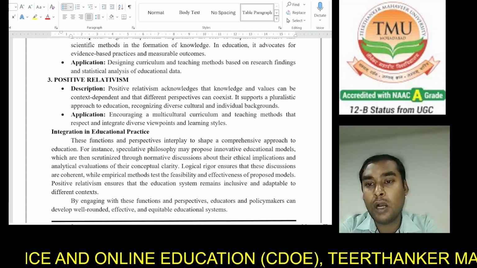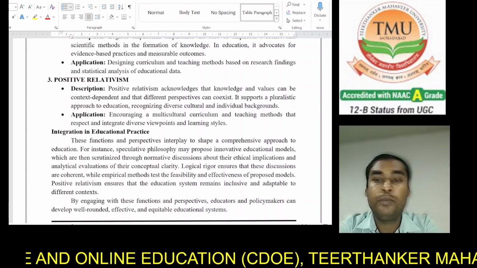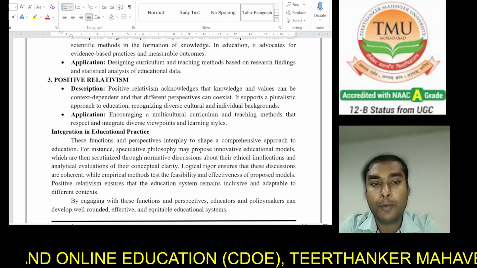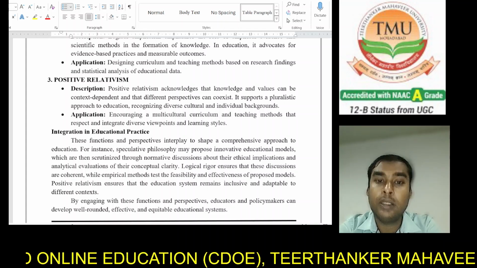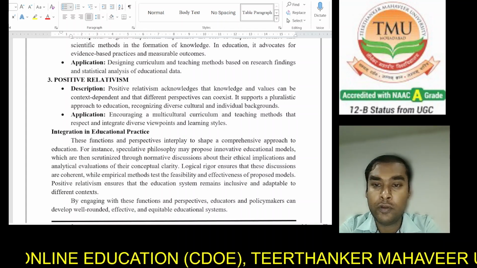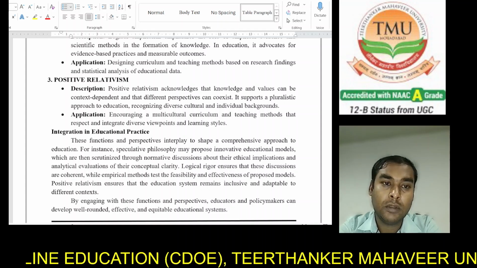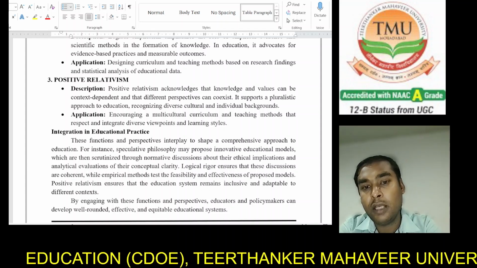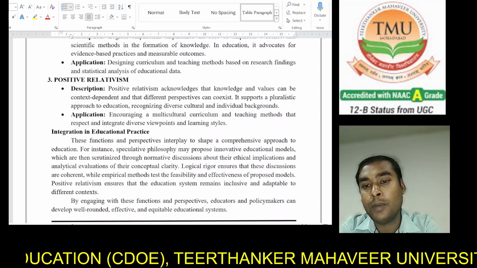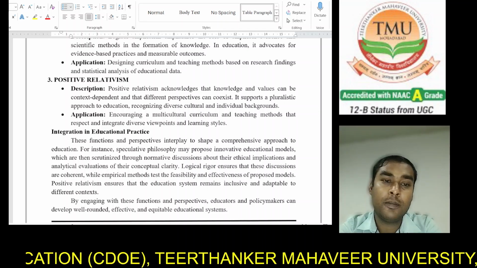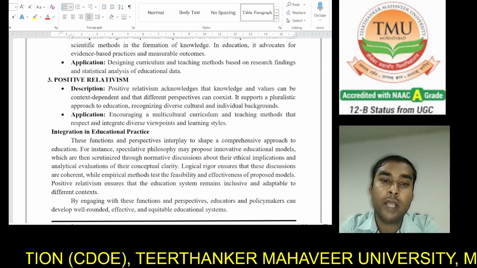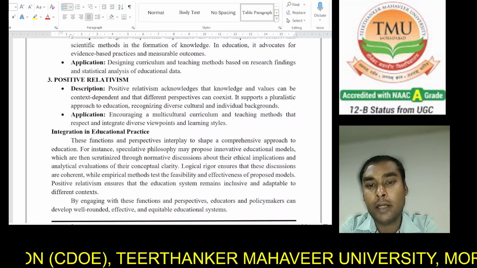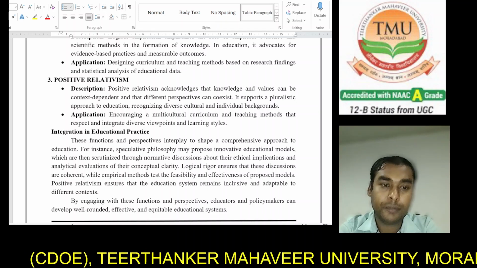It supports a pluralistic approach to education, recognizing diverse cultural and individual backgrounds. Application of positive relativism: encouraging a multicultural curriculum and teaching methods that respect and integrate diverse viewpoints and learning styles.